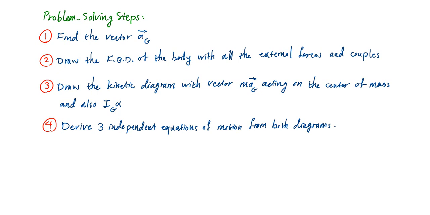you don't have enough equations. You find the vector AG, you draw the free body diagram, you draw the kinetic diagram, and you realize that the number of unknowns is more than the number of equations. So you have to look into the kinematic constraints. Sometimes you have a bunch of pulleys connected together, a pulley and a mass connected together, and because of those connections, there are some constraints on your system.